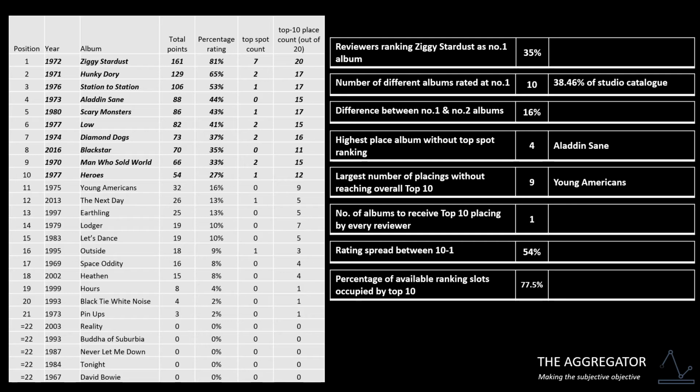And then in a similar vein, we can see a value of 77.5%. So this is the percentage of all available ranking slots occupied by the top 10. So this is, I guess, a category where you can perhaps get a sense of front loading for an artist, where there's a strong clutch of albums at the forefront of their catalogue, but it starts to tail off beyond that.